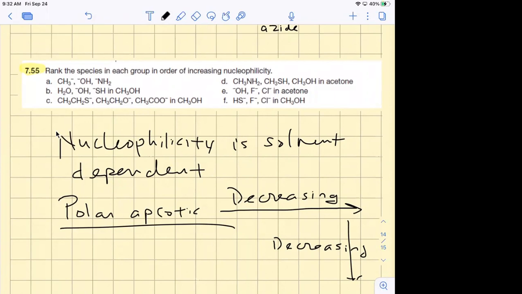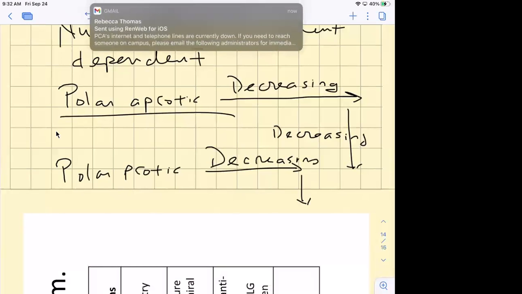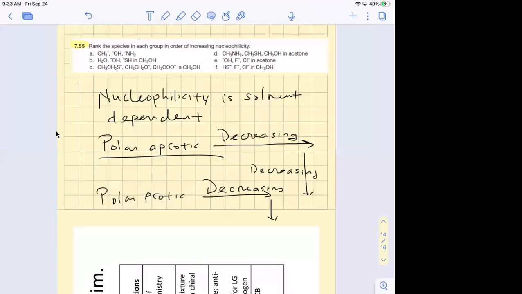And as you go from top to bottom, the nucleophilicity is getting worse. And if it's in a polar protic, it's increasing. I'm sorry, decreasing again, left to right. And then from top to bottom, oh, that's gonna get cut off. Shrink this down some.